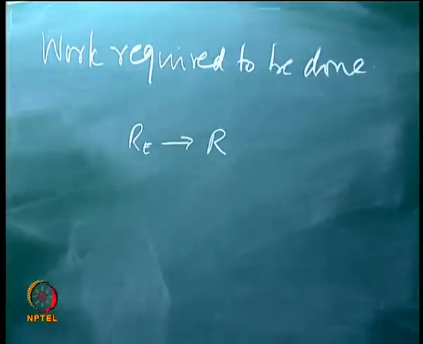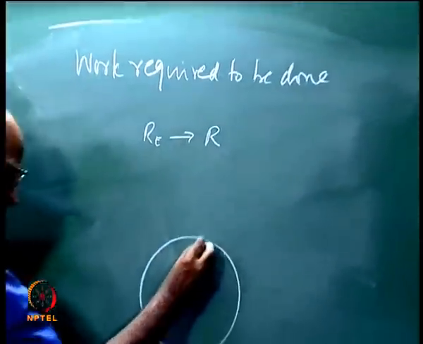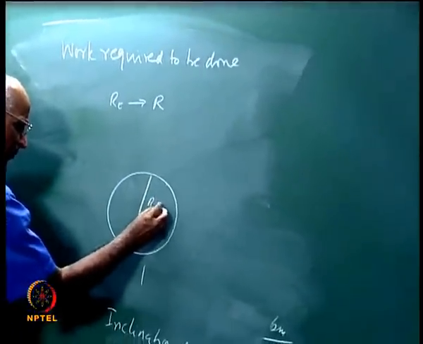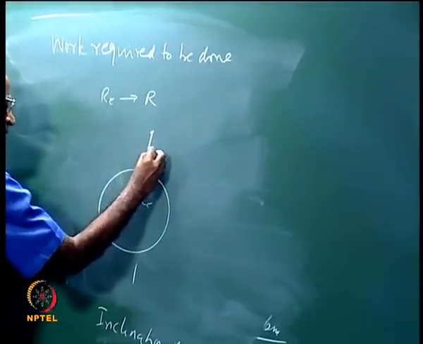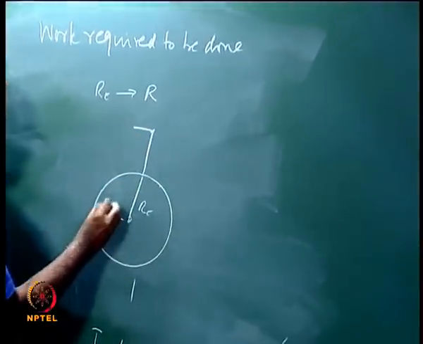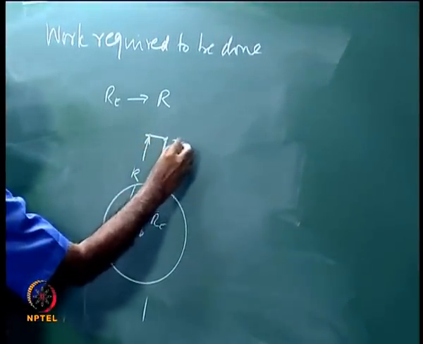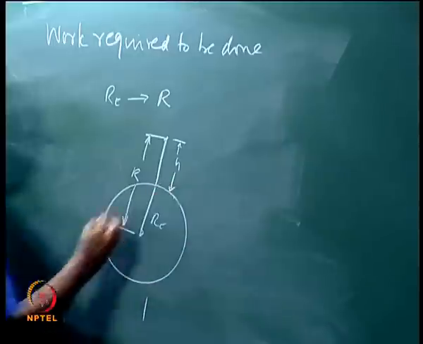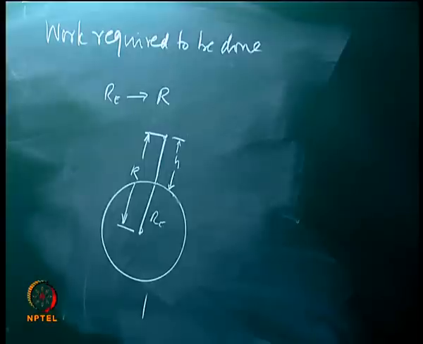I have the earth here, I have RE here, I want to take it from here to here through a height, let us say this final height is R and this height is h. How do I do this?